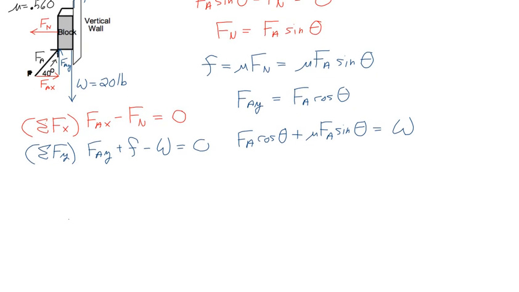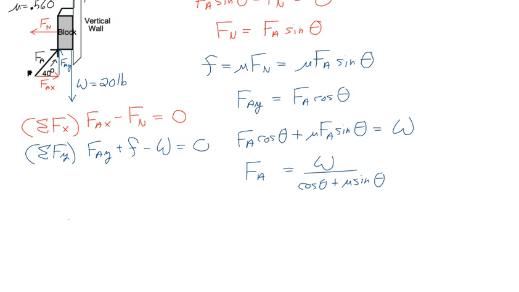If I factor out the Fa, what I would have in parentheses will now be down in the denominator when I move it to the other side. So Fa is going to be W divided by the cosine of theta plus mu sine of theta.